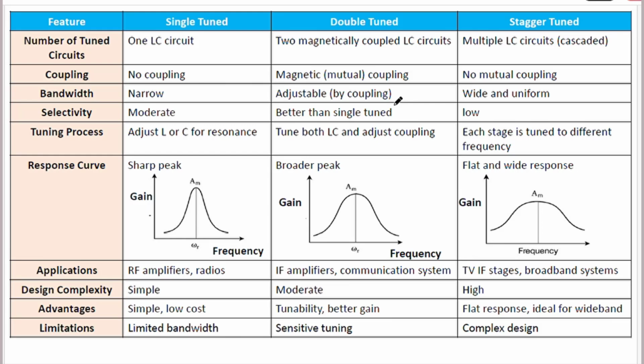For the overcoupling, you'll get broader frequency response. In that case, the bandwidth is more. In the critical coupling also, the bandwidth is somewhat high. And in the undercoupling case, the bandwidth is less. So, you can adjust the bandwidth using different values for coupling coefficient K.